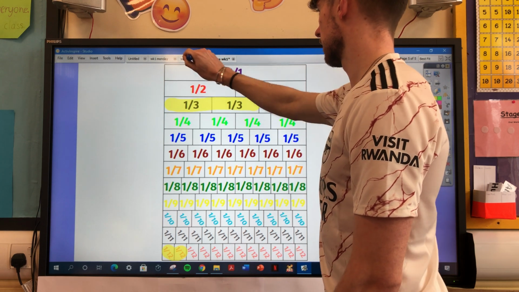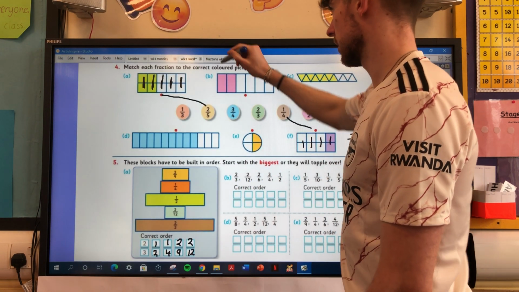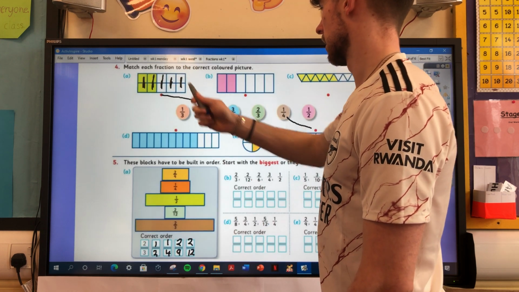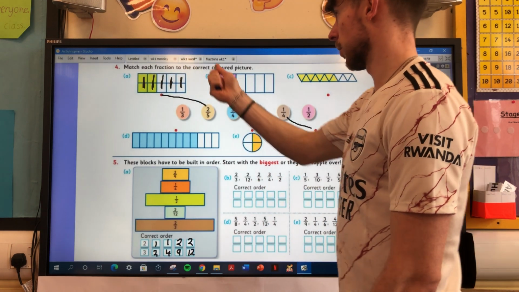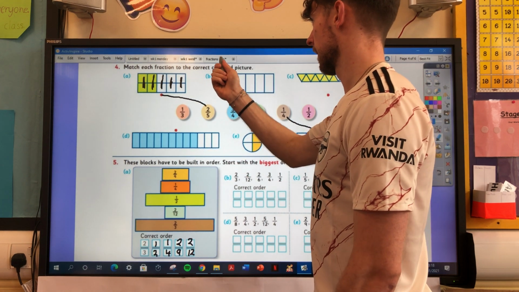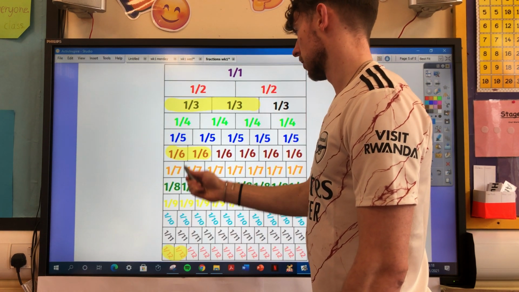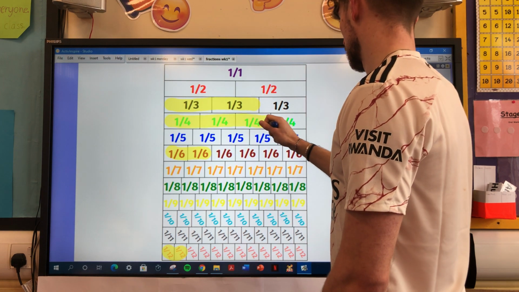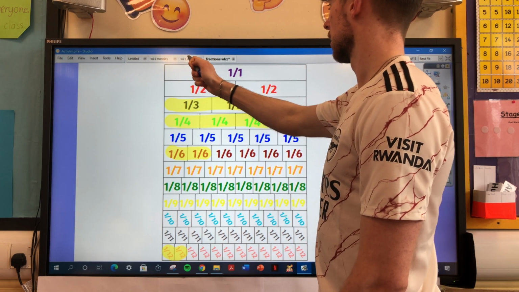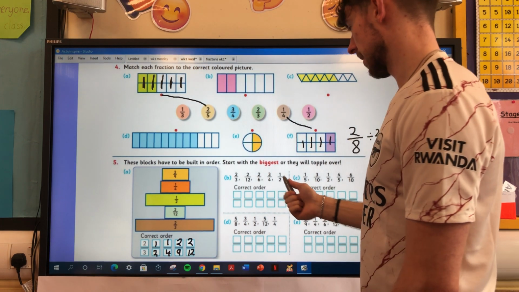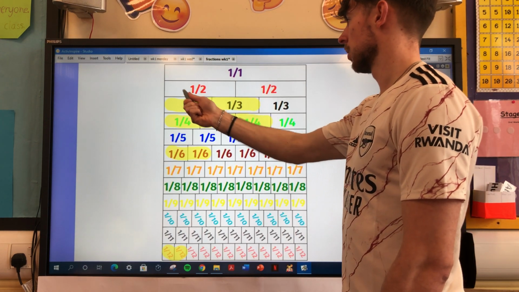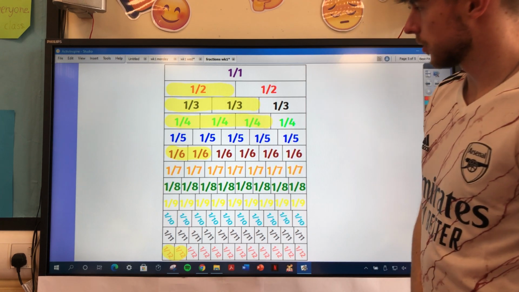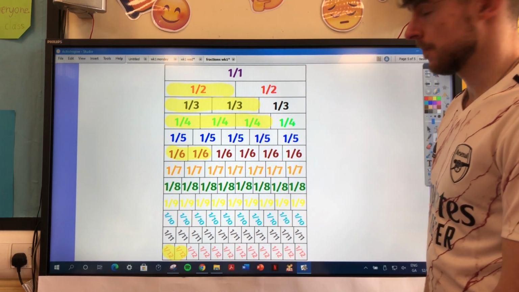Then we have 2 over 6. Then we have 3 over 4. And now we have 1 over 2. Okay, so straight away we can see which is the biggest, can't we?